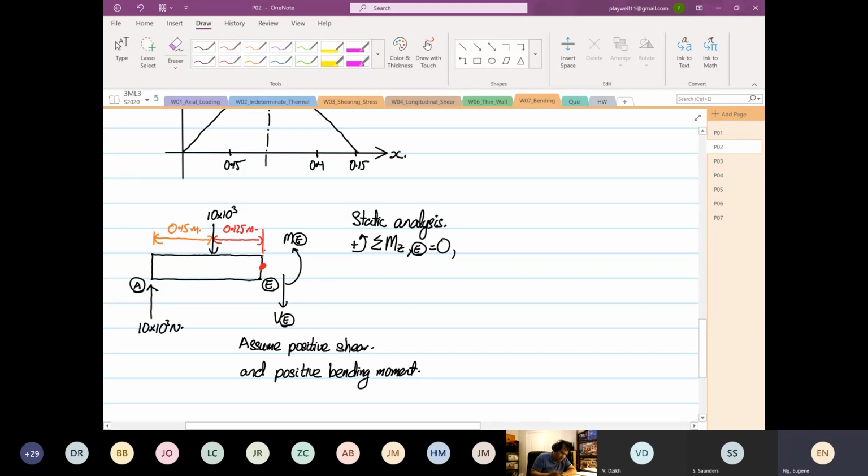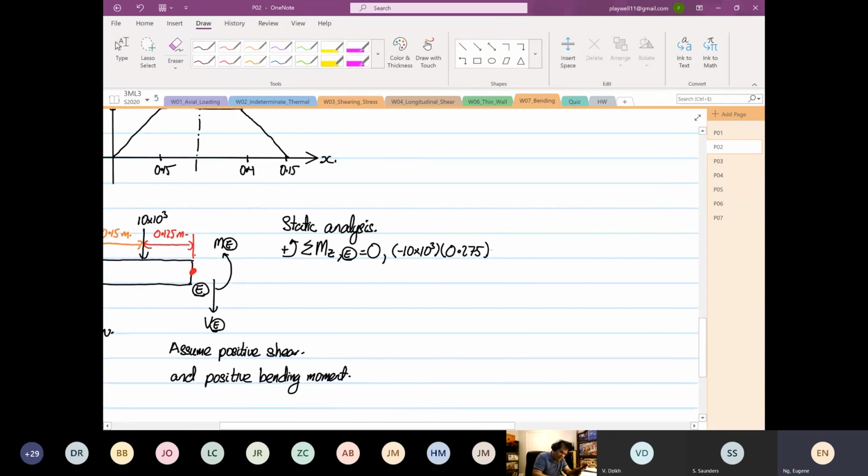The 10 kilonewton, the furthest away, is minus because it's going in a clockwise direction, multiplied by 0.15 plus 0.125, which is 0.275. And then plus 10 times 10 to the power of 3.